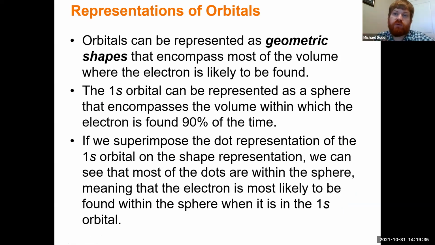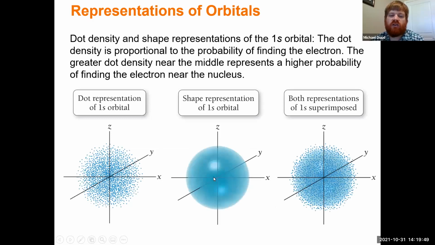But let's focus on the 90% probability maps. If we show you the 1s orbital as a sphere, that encompasses the volume within which the electron is likely to be found 90% of the time. So this is our 90% shape representation here. And as we can see, 90% of the dots in the dot representation fall within the sphere that's in our shape representation here.